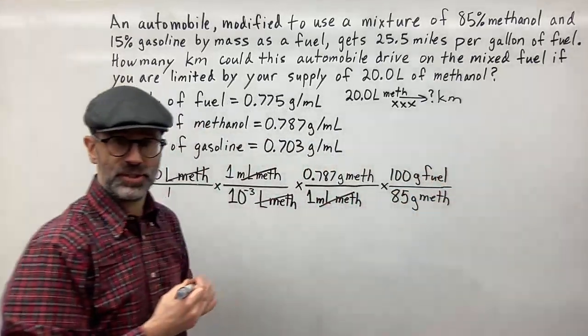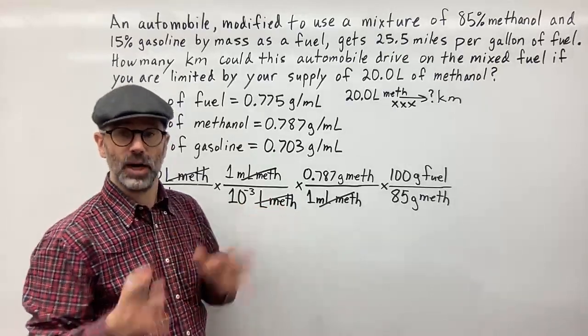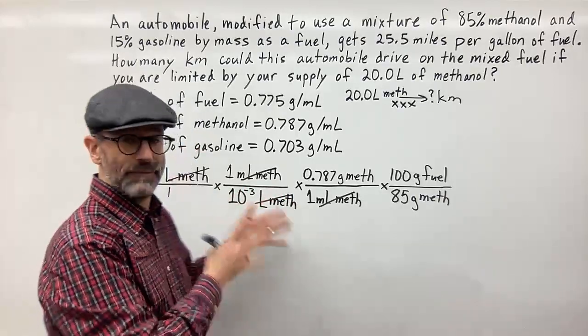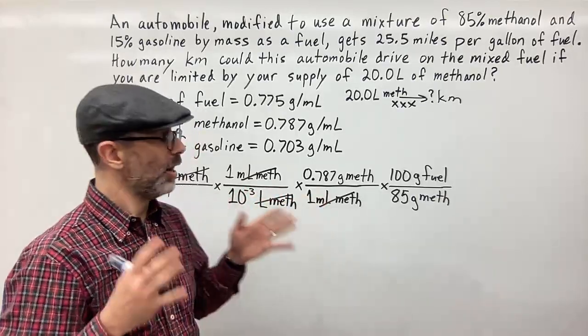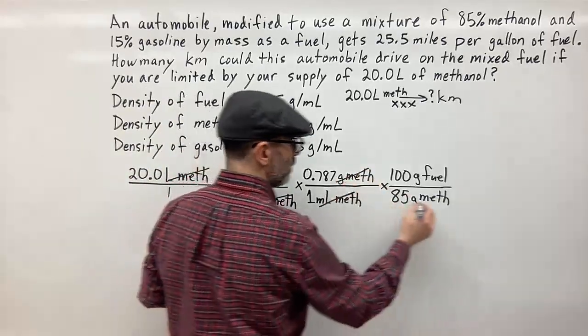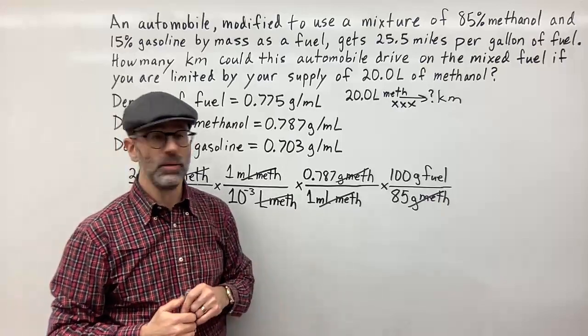Because remember, the percentage is 85%, or 85 out of 100. 85 grams out of 100 grams, or 85 grams of methanol out of 100 grams of fuel. So the grams of methanol cancel out now. So now I have grams of fuel.